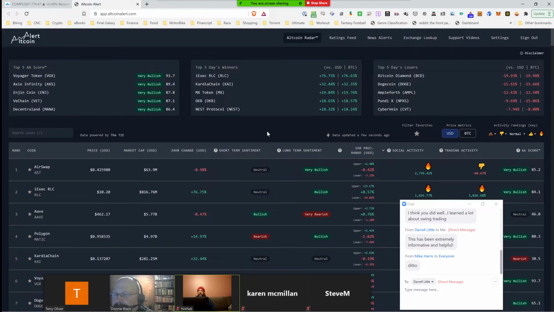If it was the 8-hour support, I'd buy there. If it fell down to the daily support, I'd buy there. That was it. I was just testing and watching how it moved along the supports and resistances. If you can understand that, then you can really understand everything else.